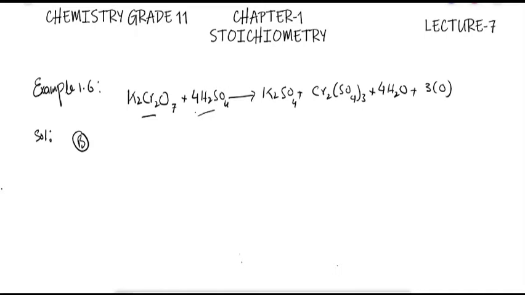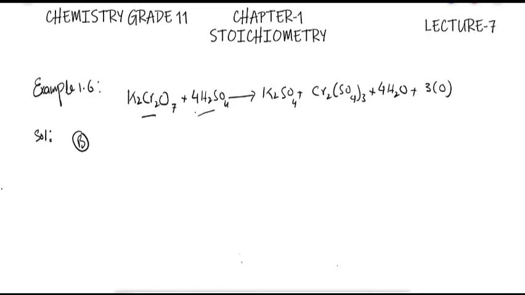So we have 2.04 moles of sulfuric acid that are reacting with 0.68 moles of potassium dichromate. We have done the calculations already. So again, we come back to that calculation. And if you remember, when we did the calculation from sulfuric acid, I'll show it to you again.